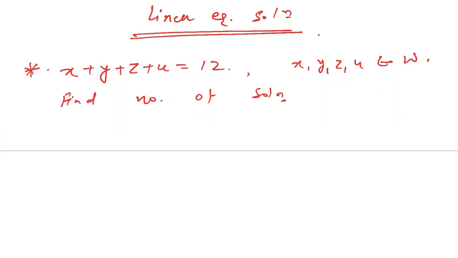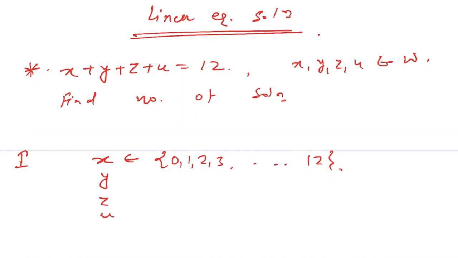See, method first. X, Y, Z or U belongs to 0, 1, 2 up to 12. It can start with 0 and goes up to 12, right? So 0, 1, 2, 3 up to 12 we can take, right? One of the ways is called the mathematical way.